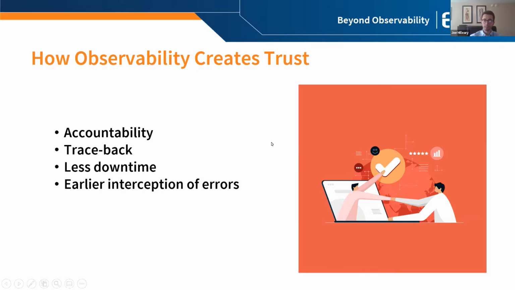But with observability, not only can you start to create accountability by saying, okay, yeah, there's a problem, but we know where it happened and we know how to fix it, and you have the traceback to go and rectify those issues, you can actually start to preclude some of those issues to begin with. If you've got that in-pipeline observability capability, you're seeing where things go wrong in real time, and you're able to prevent it from getting to a stage where it starts to impact business users' trust of data.